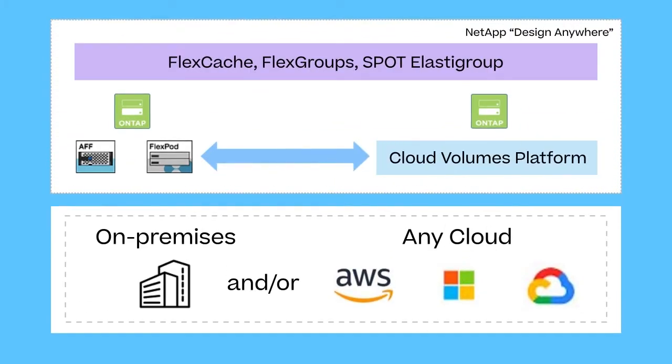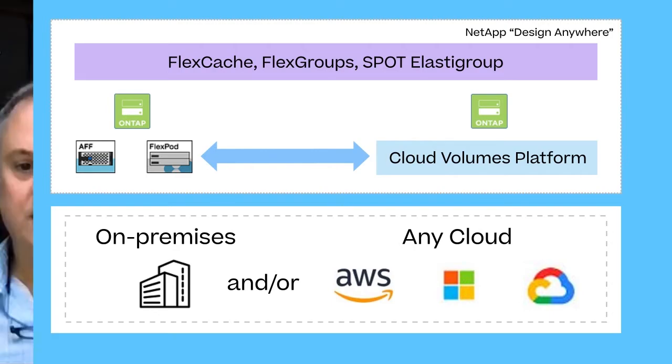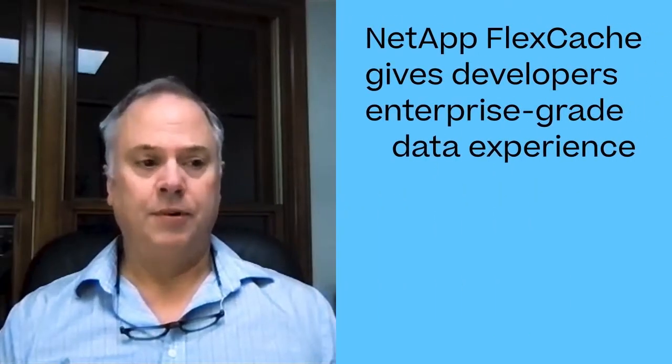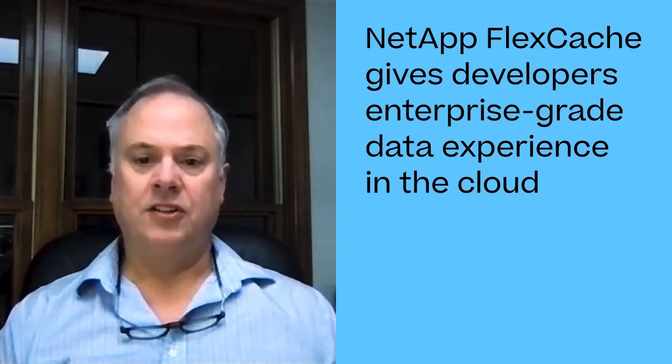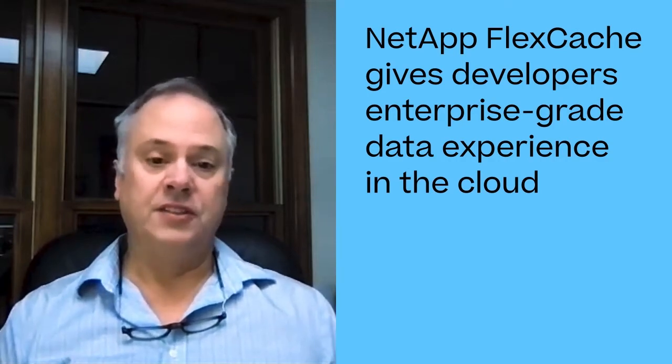So we have a solution we call Design Anywhere, which takes native ONTAP both in the cloud and on premises, and eliminates all the challenges of syncing up my data between those two images. So there's a technology we bring called FlexCache, which keeps those images in sync and allows the developer to develop where he's used to developing and take advantage of the cloud without even being aware that he's in the cloud.